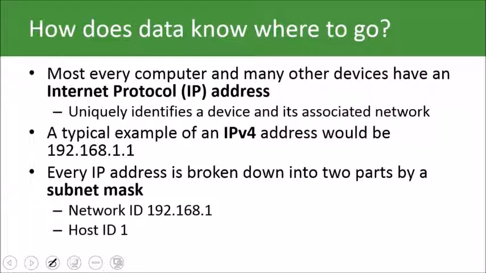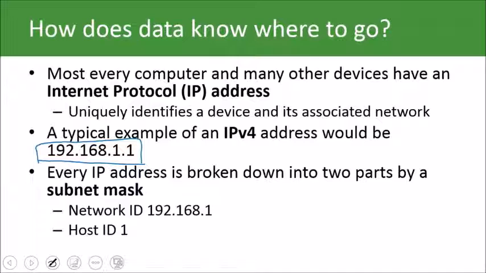So how does data know where to go? Well, we mentioned IP addresses. Those are logical addresses that uniquely identify a device and its network. An example here would be 192.168.1.1. Every IP address is broken down into two different parts by something called a subnet mask, which we'll detail in a little bit.